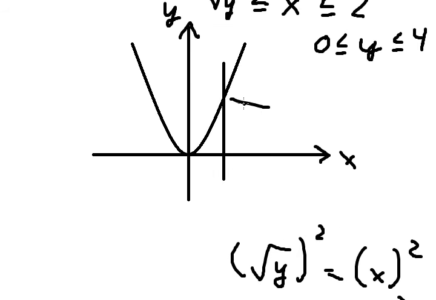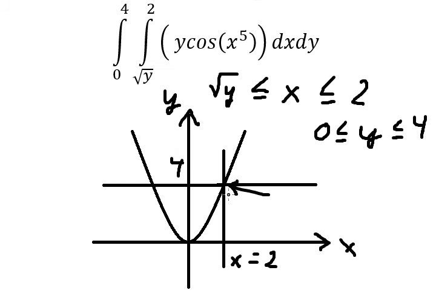So this is the intersection between x equal to number 2 and y equal to number 4. So the region we need to consider should be this area in here.